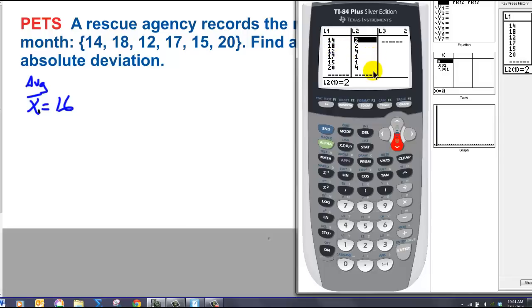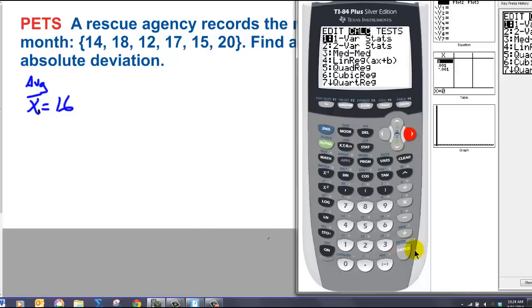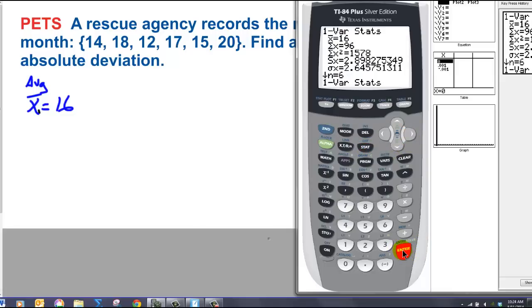Then from here, what we need is the average of all these. So we're going to go back to stat after we quit out of this list. And we're going to move over to calculate. We're going to hit one variable statistics again. But instead of just hitting enter, we're going to go second and L2. And hit enter.